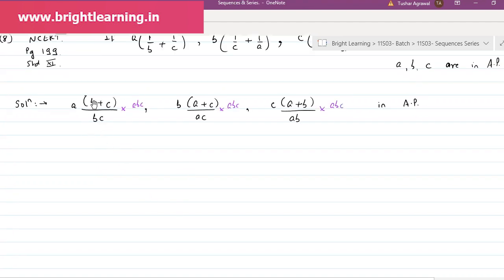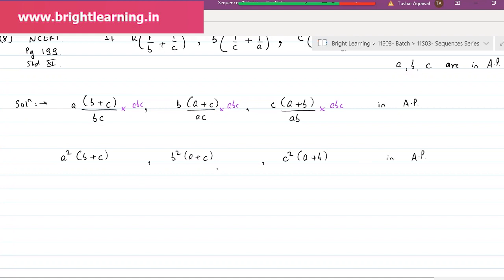So the new sequence that I get: A square into B plus C, B square into A plus C, and C square into A plus B. This is in AP.